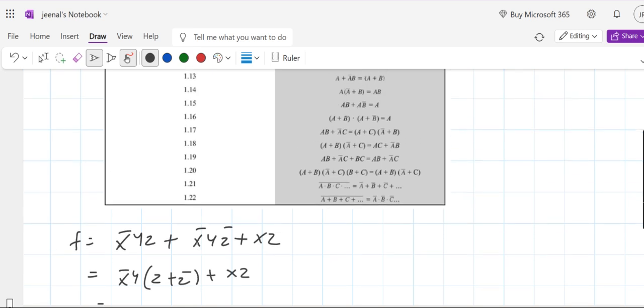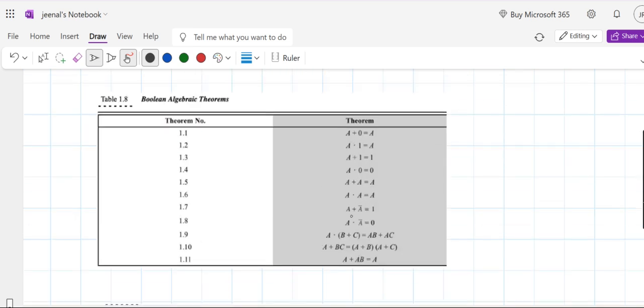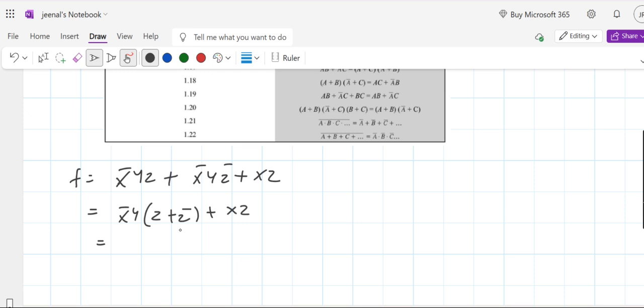So what is z plus z bar? According to the theorems, a plus a bar is equal to 1. So this helps you reduce the equation. z plus z bar is also 1. x bar y into 1 plus xz, which is nothing but x bar y plus xz.